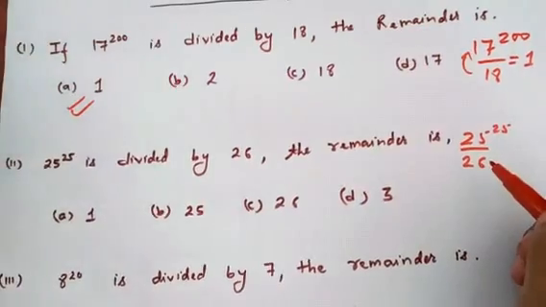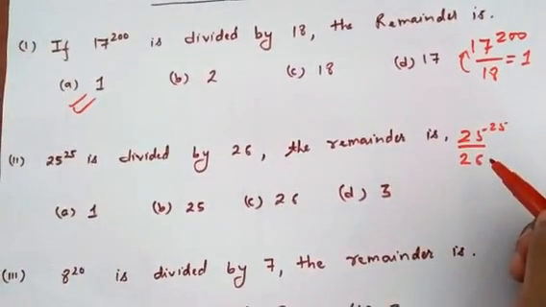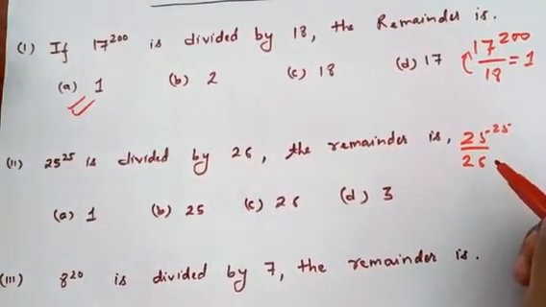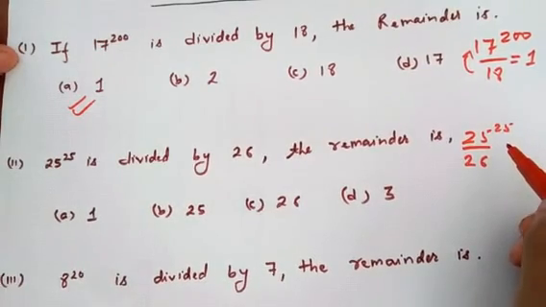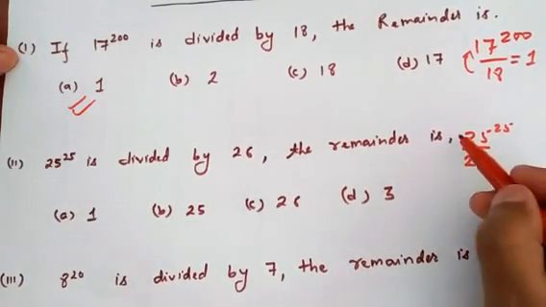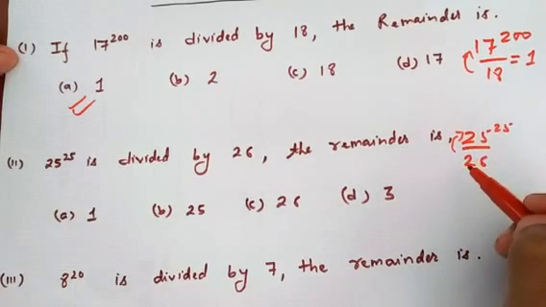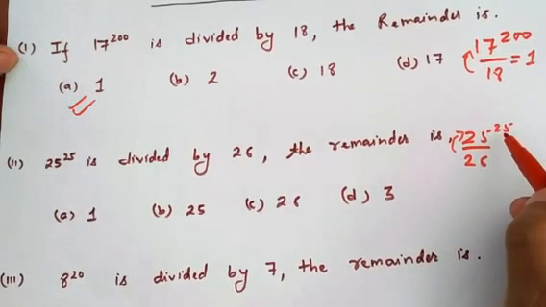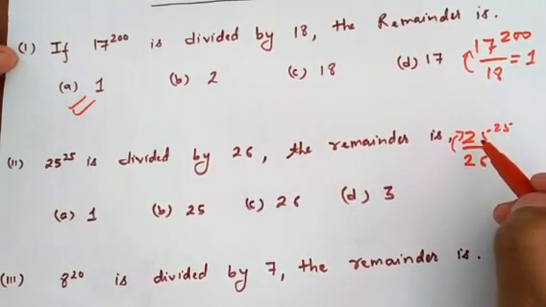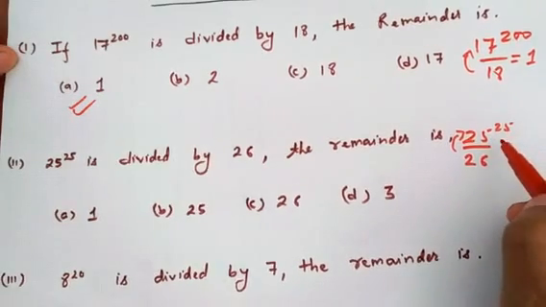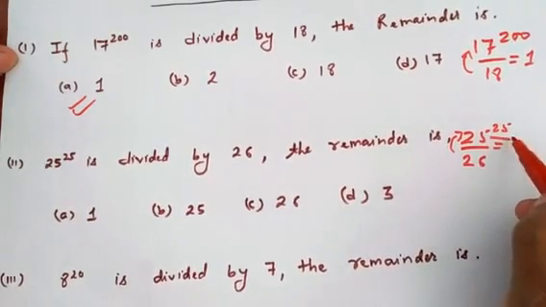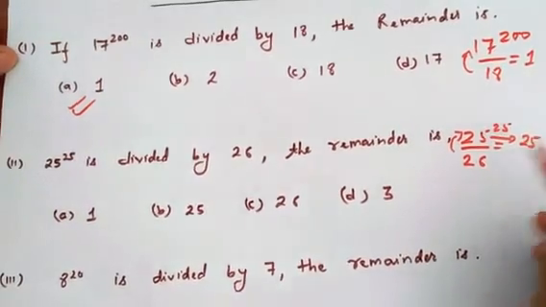This one is quite interesting. Now again the numerator is less but the power is odd. In this case, I told you the answer will be the numerator, so the answer will be 25. You don't have to calculate again.